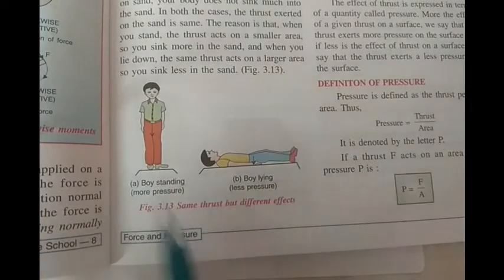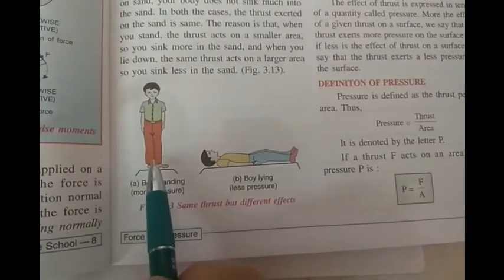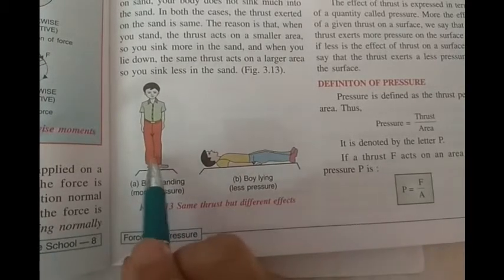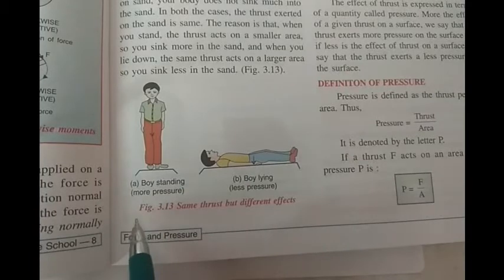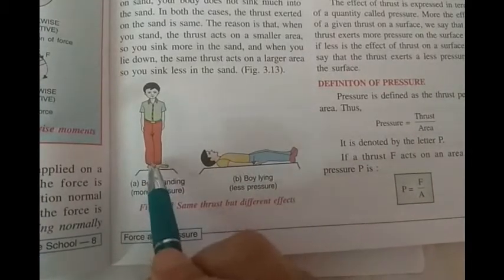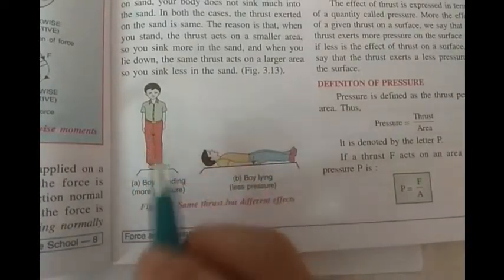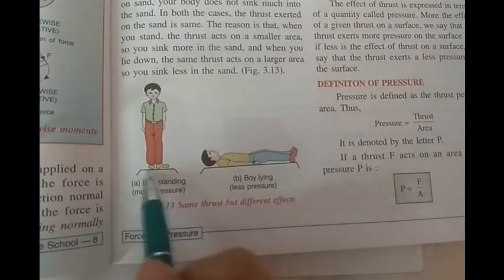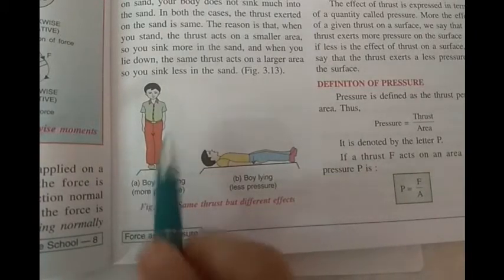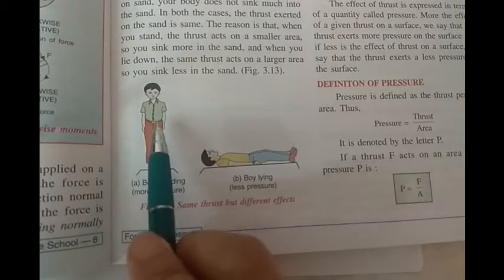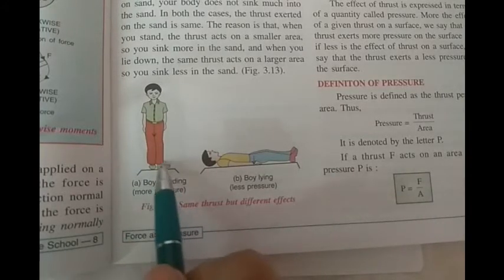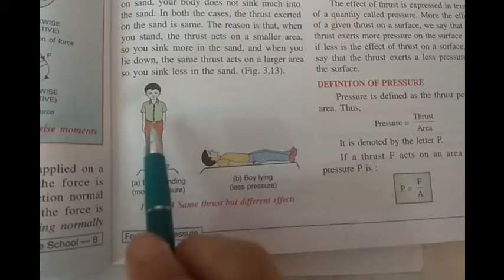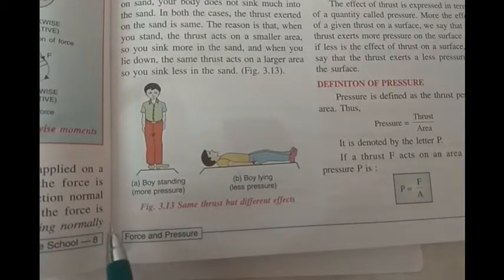But in case number 1, the pressure exerted by the boy on the floor is more. Why? Because his weight, that is the thrust, which acts normally on the surface, is acting on a small area right now. So since the area is small, the pressure exerted by the boy in this case is more.